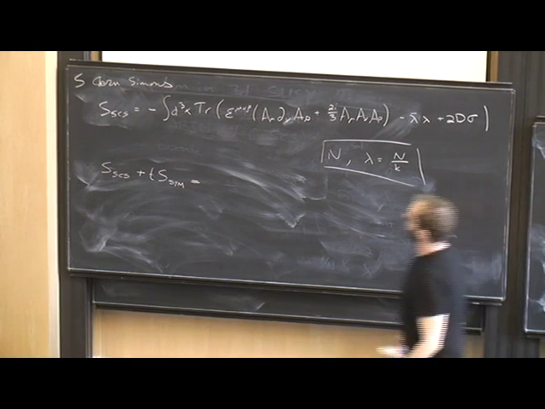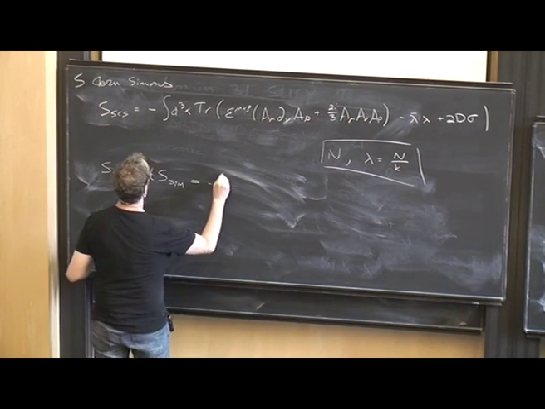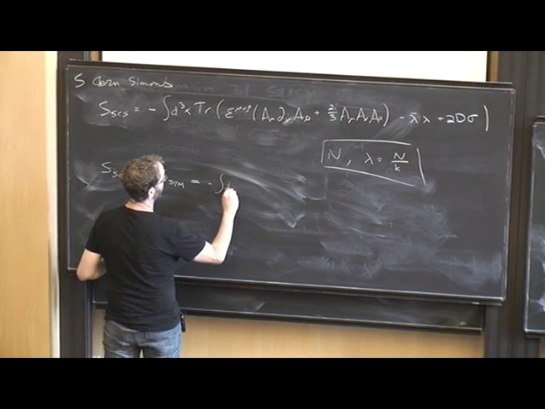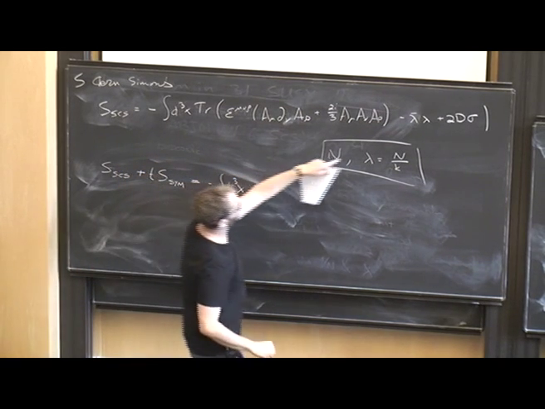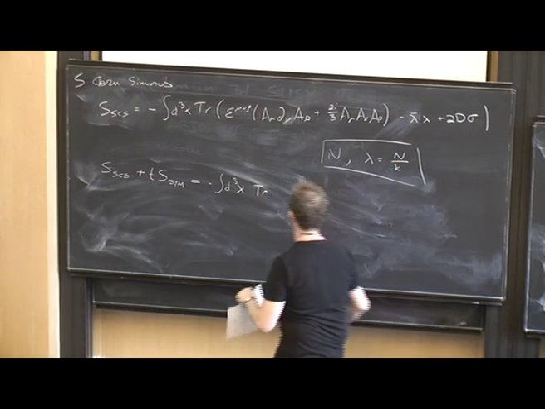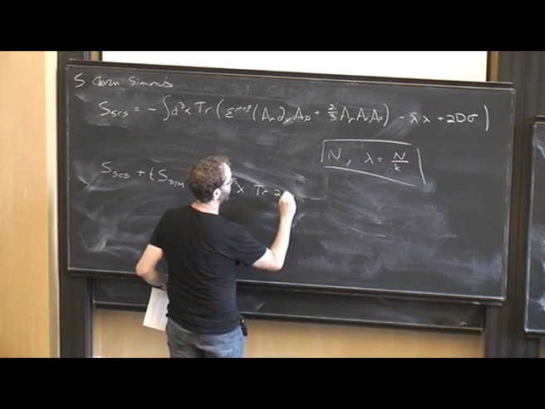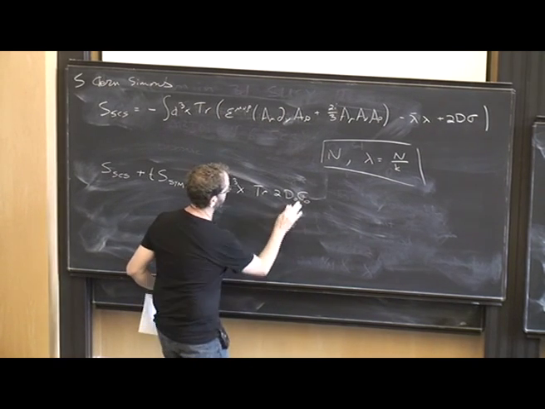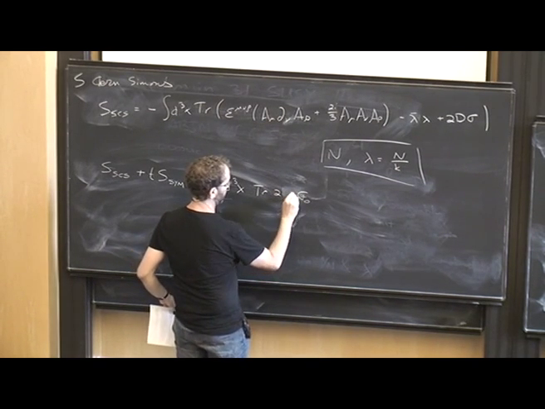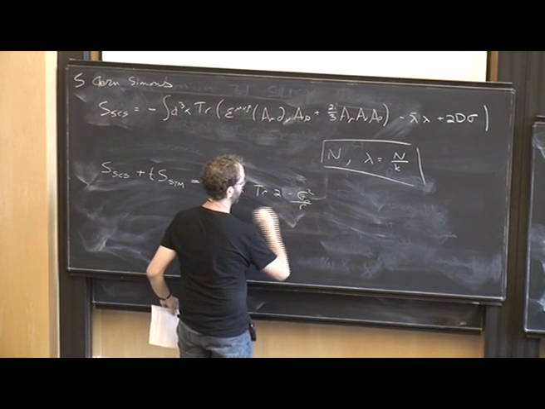So all I have is minus integral d3x, and then I get this term here, trace 2 D naught sigma naught, which is equal to minus sigma naught over r.